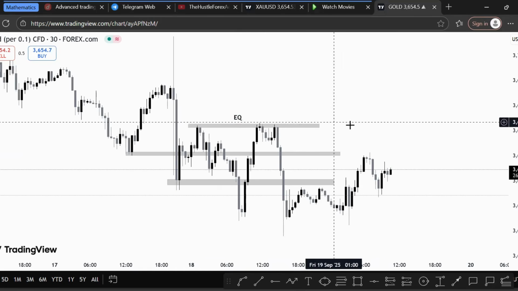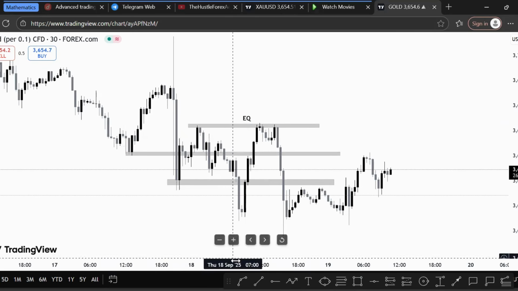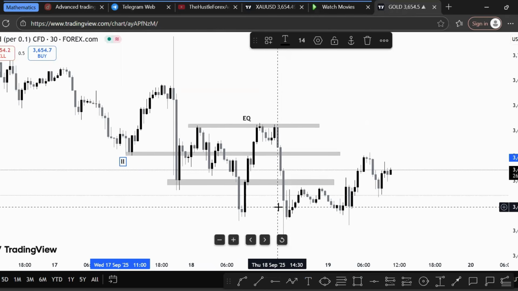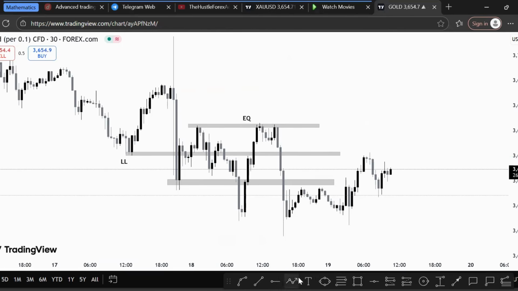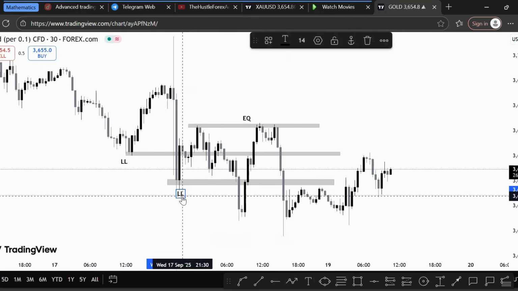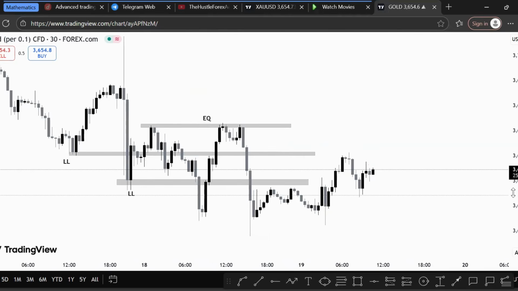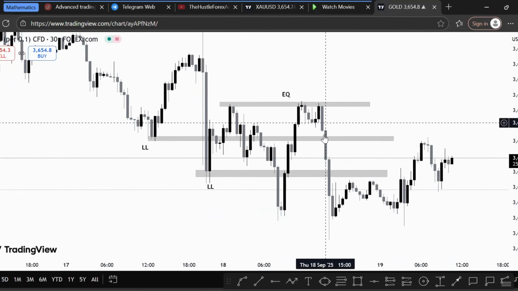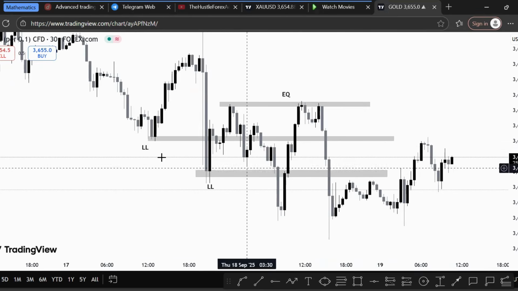So we have that, we have a lower low below this, and then we also have a lower low here, right? So the market gave us all of this yesterday. Don't worry about this part. We're going to focus on the sell of yesterday, how it actually came about, right?